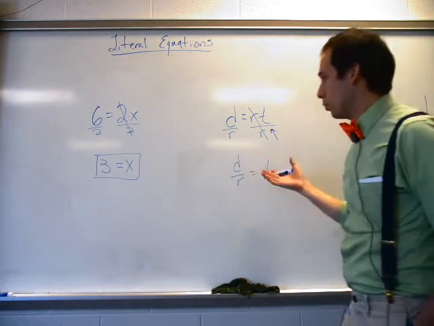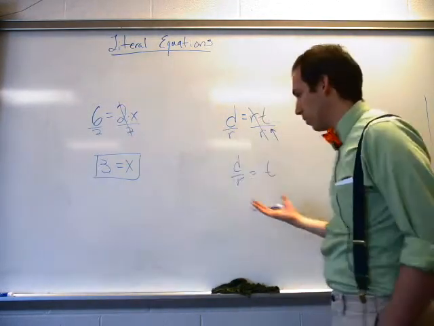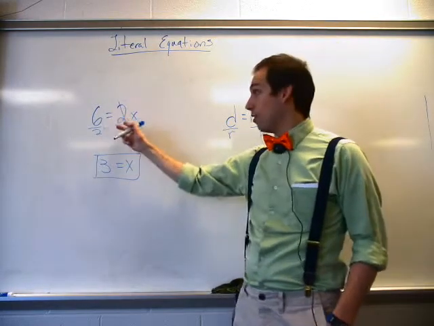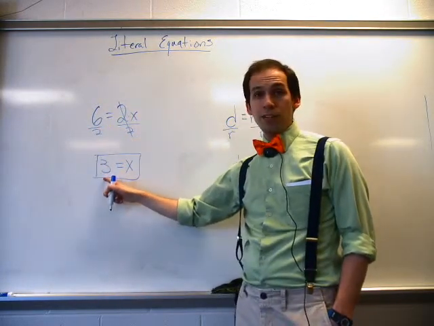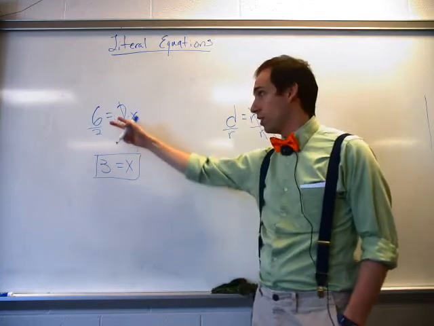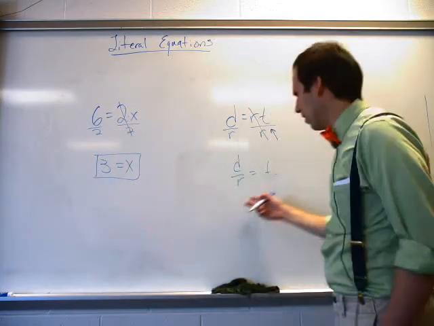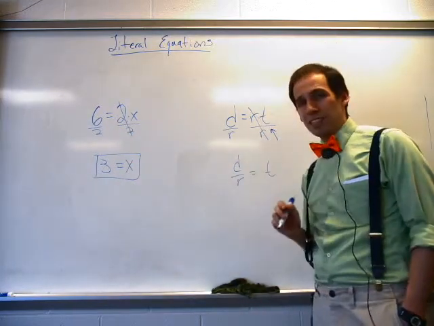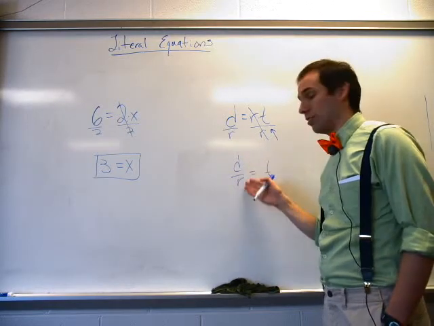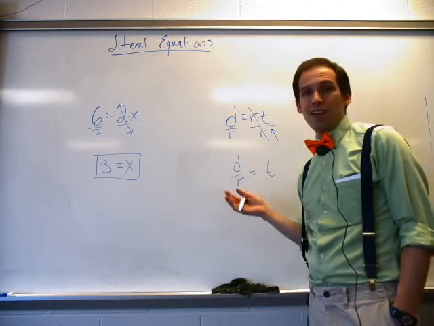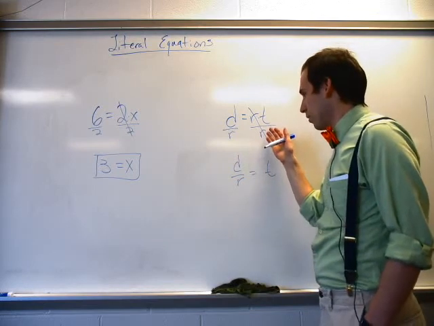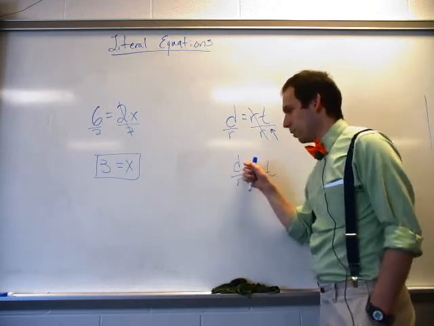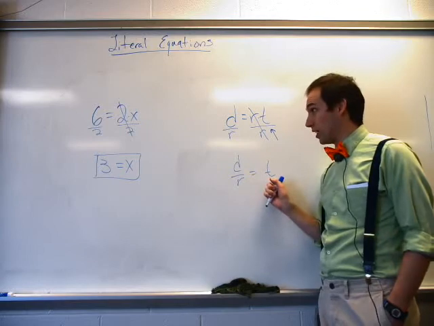So what's the difference between what we did over here and what we did right here? What we did right here, the numbers allow you to be able to simplify because you know something about them. You know that 6 divided by 2 is 3. Over here, we don't have any specific details. All we have are letters that represent values that we do not have yet. So this enables me to use the distance and the rate to figure out what the time is.